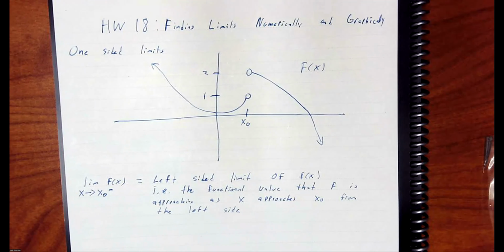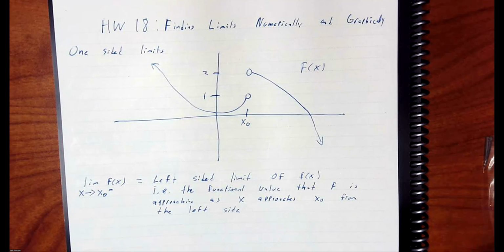So it says minus. We're approaching this value from the left side. Coming from this way. So the functional value, meaning the y value. What the y value is approaching as it gets closer and closer to x naught. To get closer to this x value, what the y is doing? Getting closer to 1, right? You see what I'm saying?